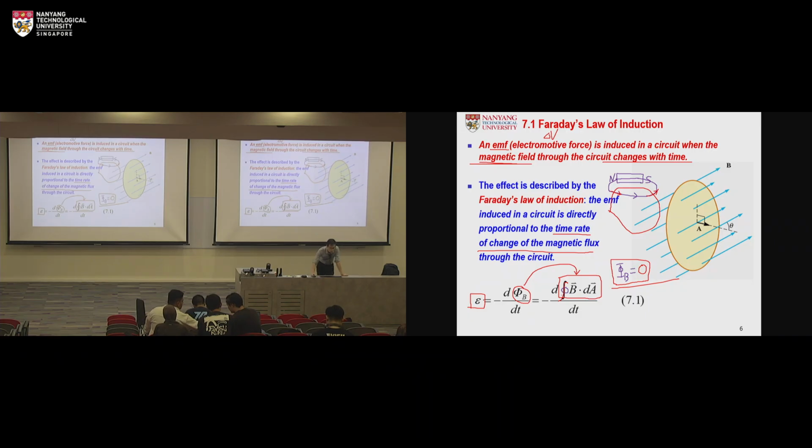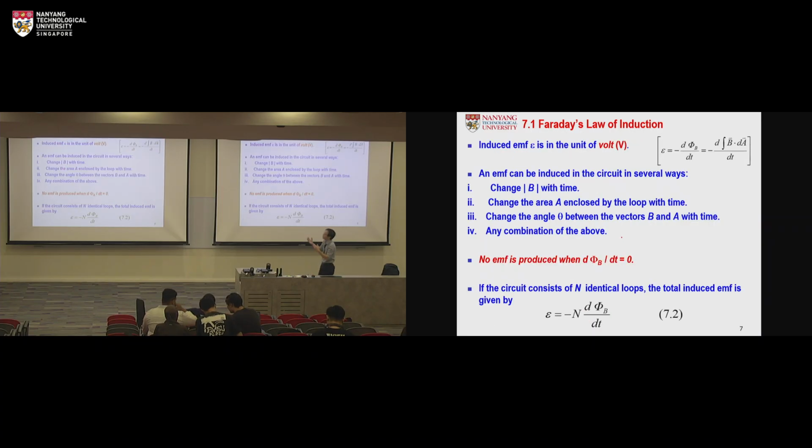And if we follow this simple formula, then of course we can tell when you can have this finite EMF. That is to say, this epsilon being non-zero. Of course, if you want this to be non-zero, this phi b cannot be constant over time, right? It must keep changing as a function of time. And how can you have this phi b not constant?